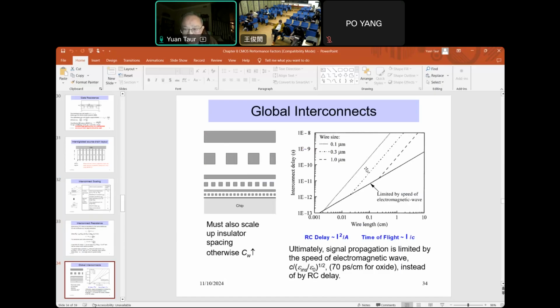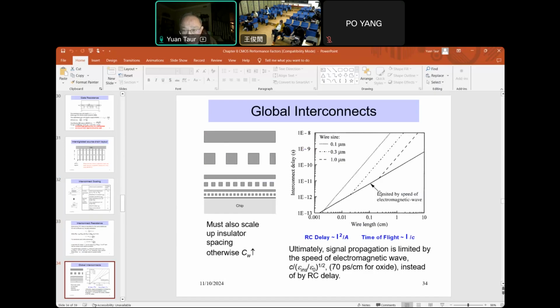Okay, so what's shown here is that if you use 3 different wires, 0.1 micron, 0.3 micron to 1 micron, it depends on the length. So it helps to use a larger wire, but once you hit this linear line due to EM wave, then it doesn't improve anymore.